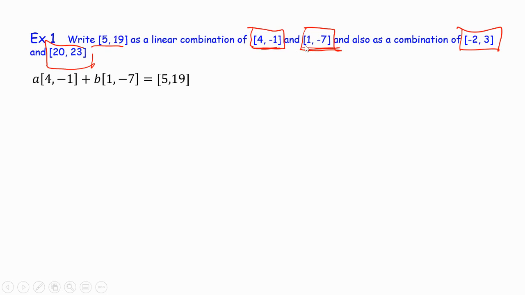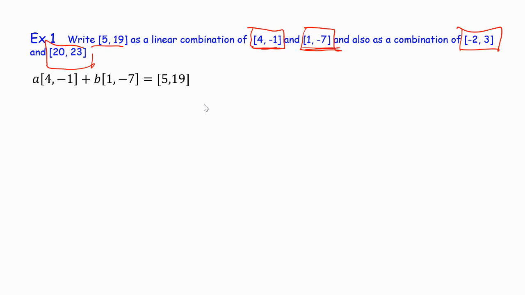I'm going to multiply A by the 4, minus 1 and B by the 1, minus 7, and make it become the 5, 19. Is there a way that we can figure out what that A and that B are that will make that magic happen?